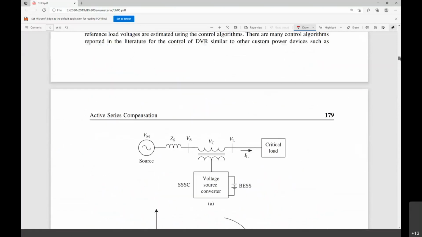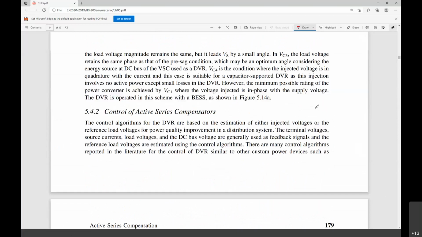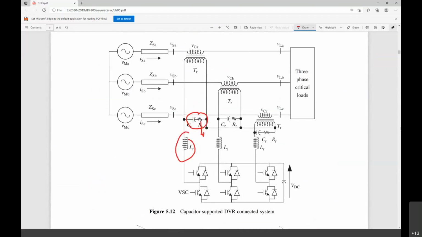Topologies in the sense like they can go for a four-leg topology, or else the neutral, especially in a case of a three-phase four-wire system, one of the topologies they can go for is, I'm just giving over here, instead of this capacitor, they can go for a clamped kind of capacitor, and they can connect this particular point to this particular point. Instead of the single capacitor, they can go this way of the connection also.